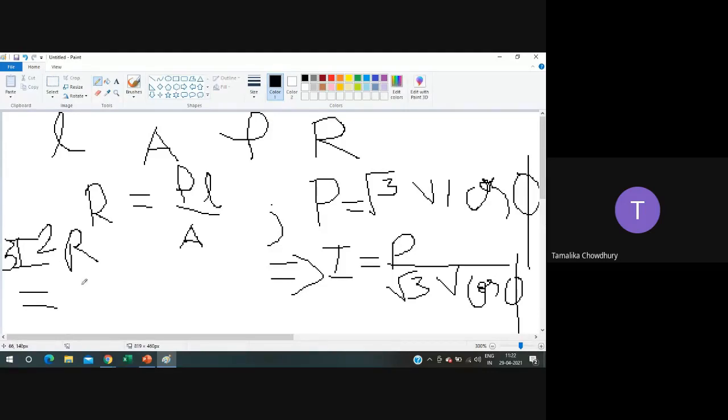So 3 I square R is equal to basically 3, and I'm putting the value of I, whatever I wrote, directly into the square, P square divided by, 3 will be cancelled.